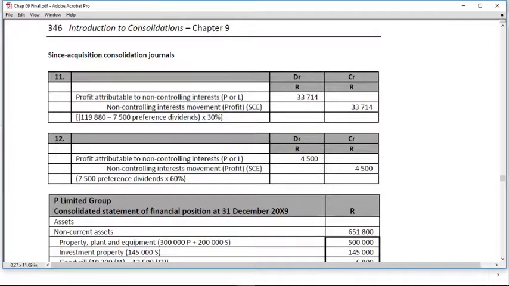The next category of consolidation journal entries we will focus on is the since acquisition consolidation journal entries, and this is where we measure NCI. Now, with an interim acquisition in that year only, remember your opening balance retained earnings will only include the retained earnings of the parent.